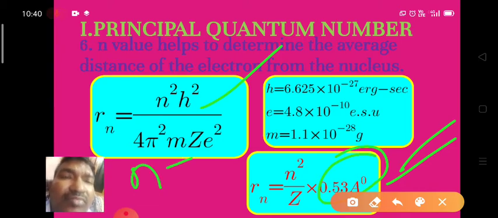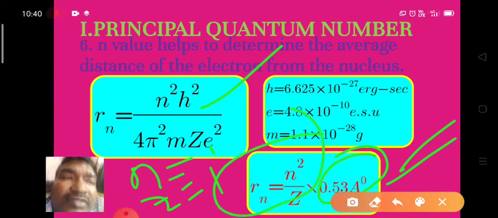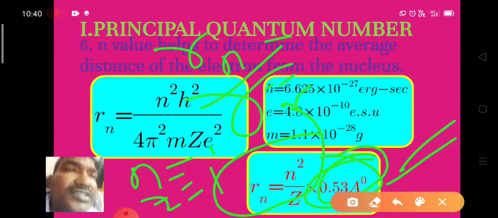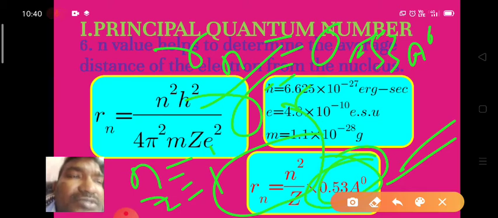For hydrogen atom, Z is equal to 1, and for the first shell n is equal to 1. So 1 square by 1 is nothing but 1 only. So the radius of the first energy level of the hydrogen atom is 0.53 angstroms.